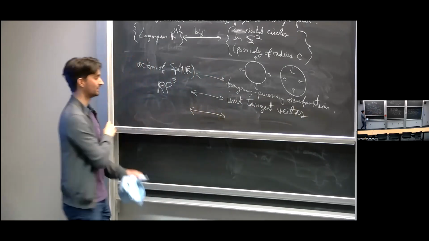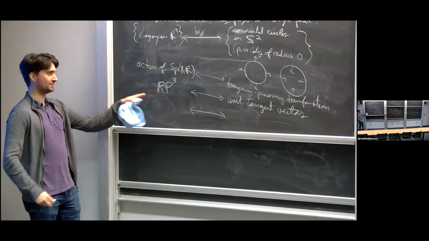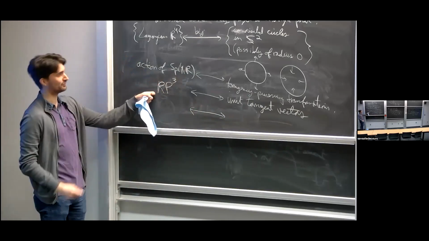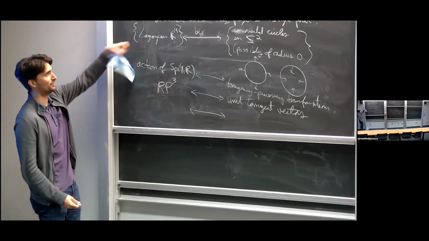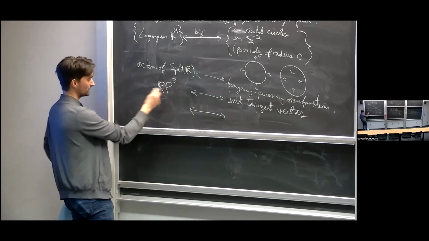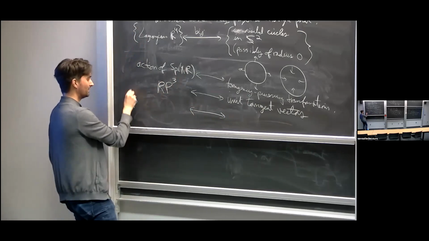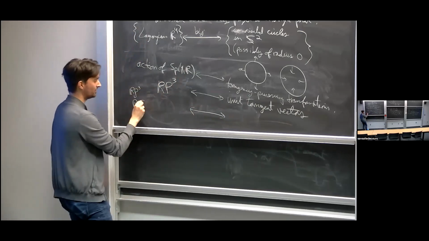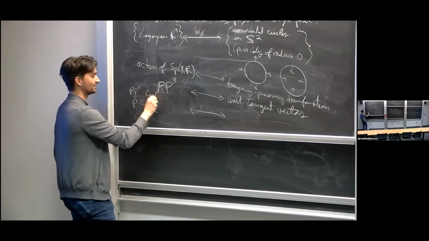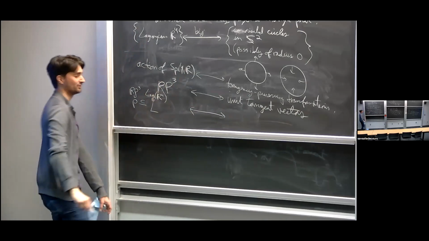And on this side, you have incidence, which is a point in RP3 is a line in R4. It can be part of a Lagrangian. It can lie inside the Lagrangian. So a point in RP3 can be a subset of a Lagrangian, which is an element of the space of all Lagrangians in R4.